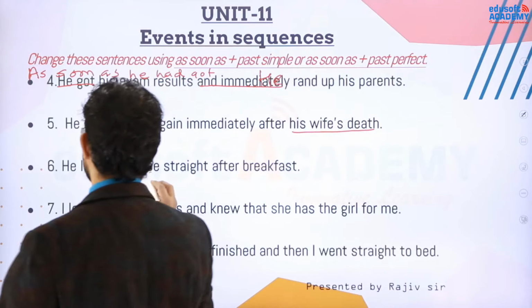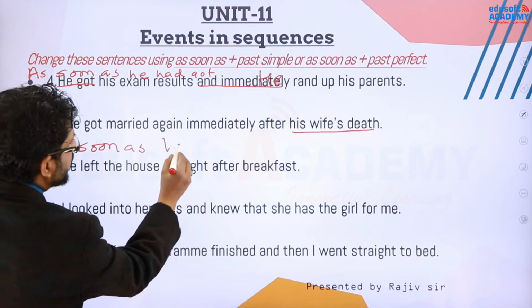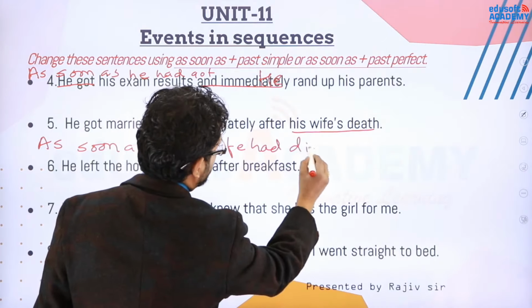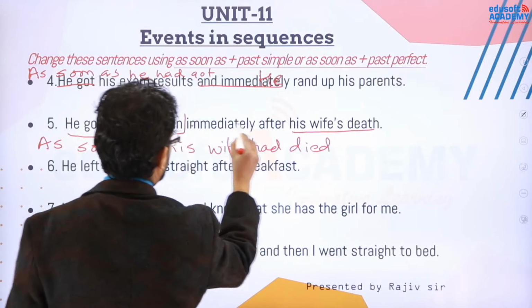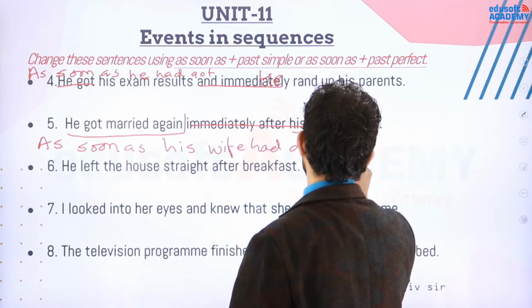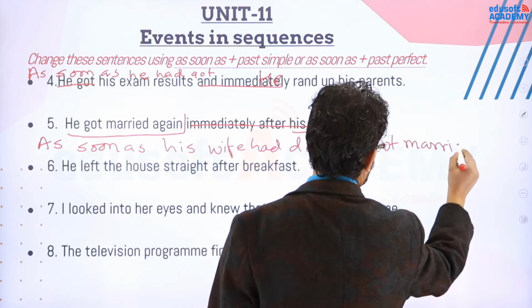So how you are going to write it is: as soon as his wife had died, he got married again. You don't write all this. As soon as his wife had died, he got married again.